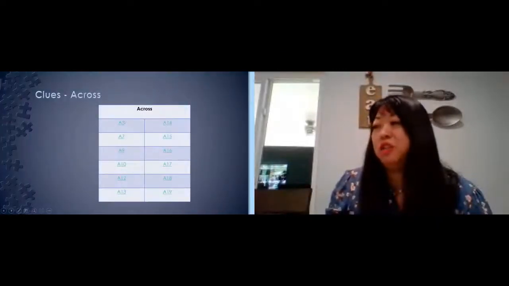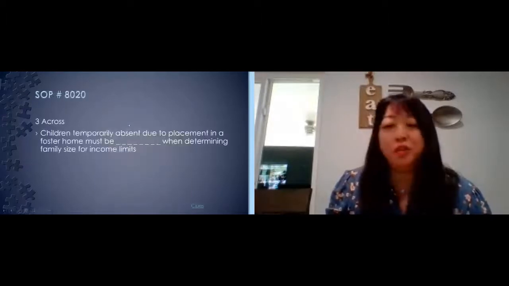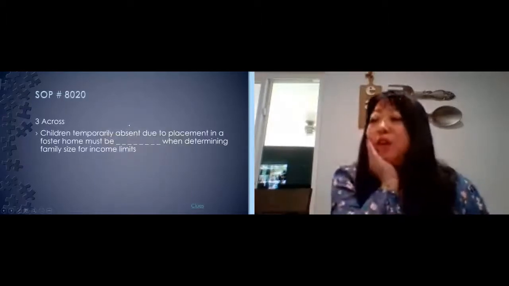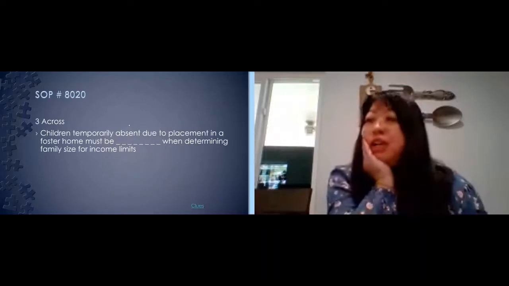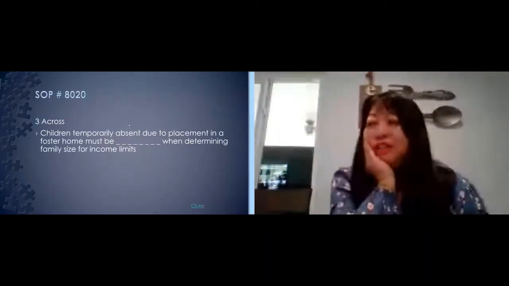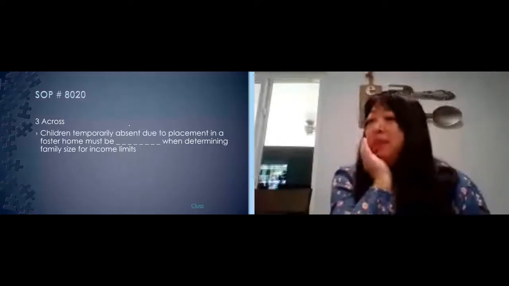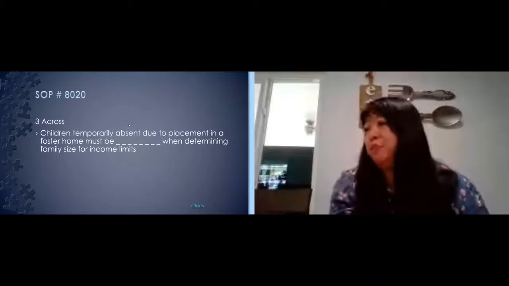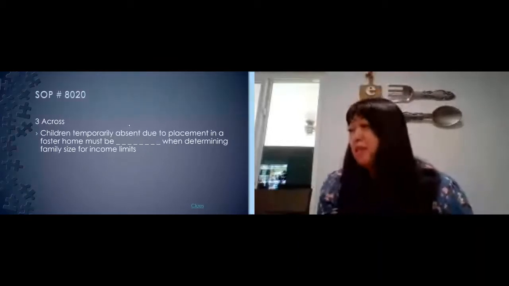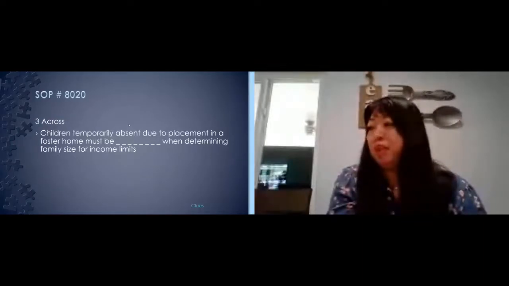We're going to go to A3, 3 across. The SOP number, if you go into your manual, is 8020, so that's a good clue. But if you already know the answer, you can look at the clue. It says children temporarily absent due to placement in a foster home must be what when determining family size for income limits.